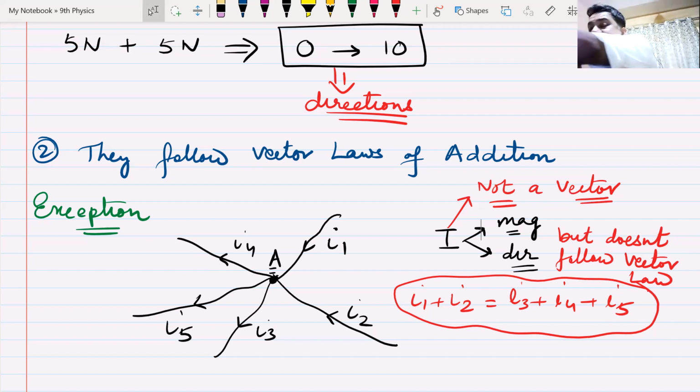This red line states that any quantity which has magnitude and direction and also follows vector laws will be treated as a vector. If it does not follow vector law, it will not be treated as a vector. The example is current.